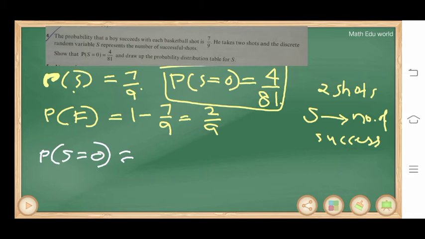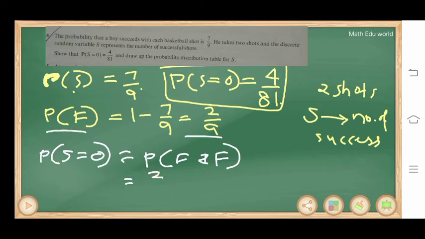That means both the shots are failure shots, which is probability of F times probability of F. And here we already got probability of F is 2 by 9.